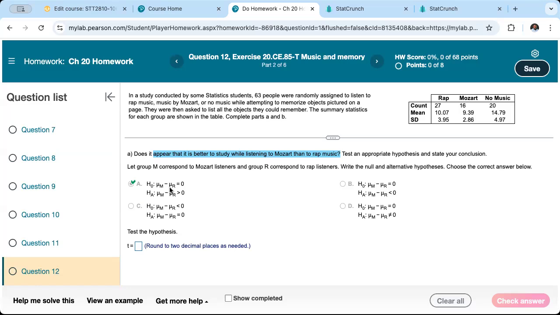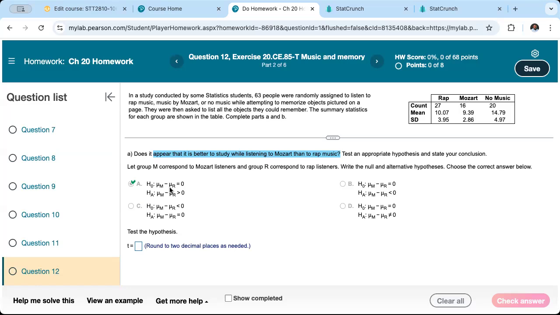And then my s1 is 2.86. n2, which is for the rap music, is 27. x bar 2, the mean for the rap music, is 10.07. And then the standard deviation for that is 3.95. So I've been able to write this out clearly.